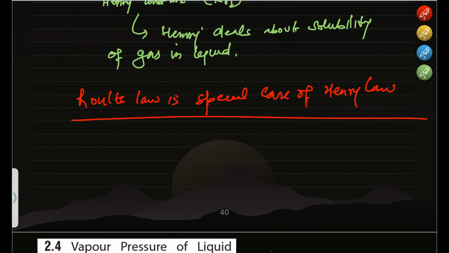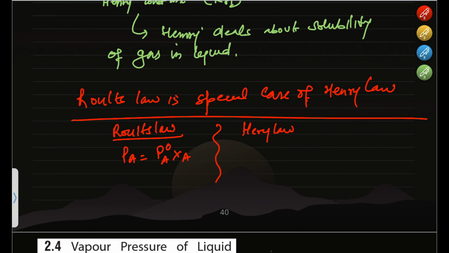In Raoult's law, the partial pressure of any component A is PA = PA° XA, whereas in Henry's law, the partial pressure is Henry's constant times the mole fraction.